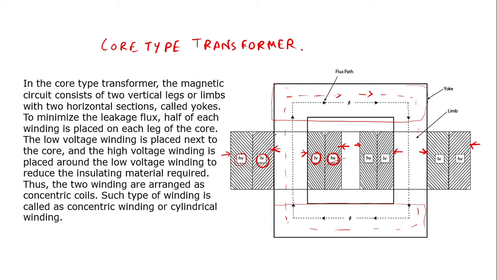So these are concentric cylinders, and these are also concentric cylinders, both having the primary and the secondary coils in their construction, right?